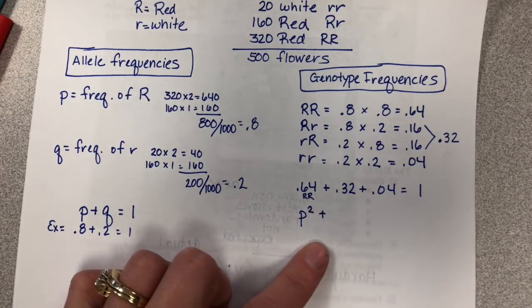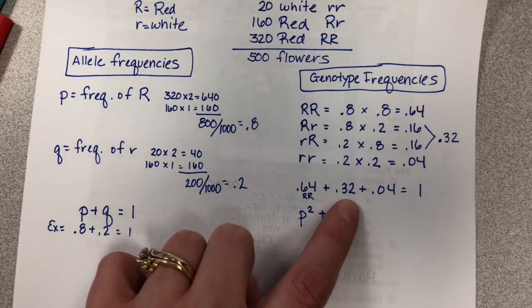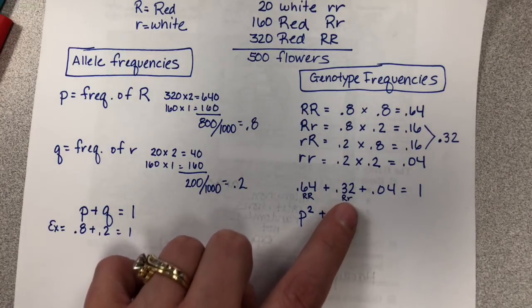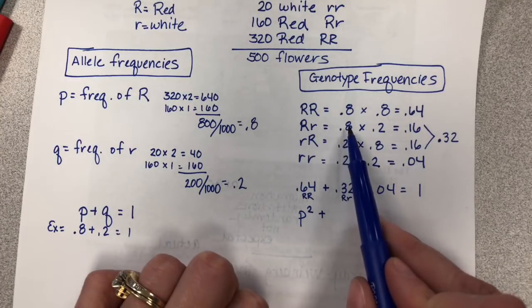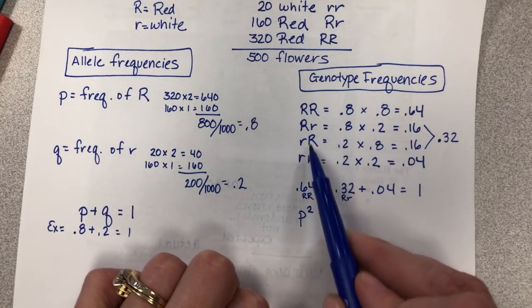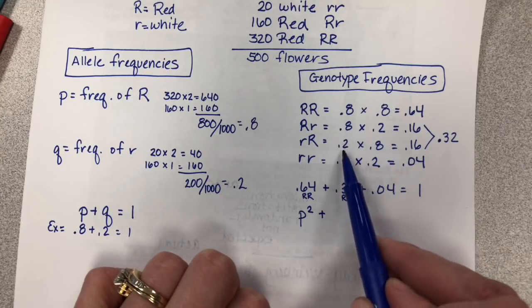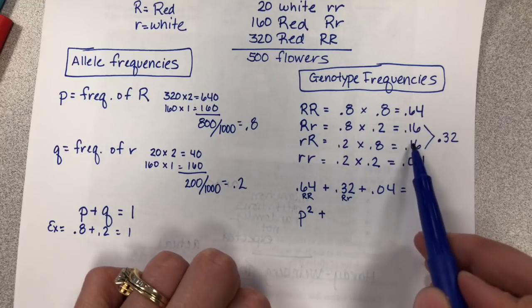All right, see what I'm doing here? So then mathematically, see if you can figure out what you'd have to do to get your big R, little r's. We're using P's and Q's instead of the actual numbers. So what do we do here? For both of these cases, we multiply P times Q, but then we added them together, or multiplied it by 2.